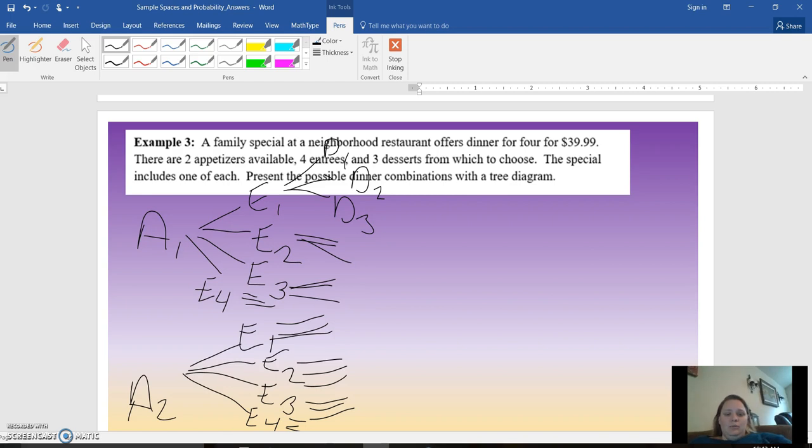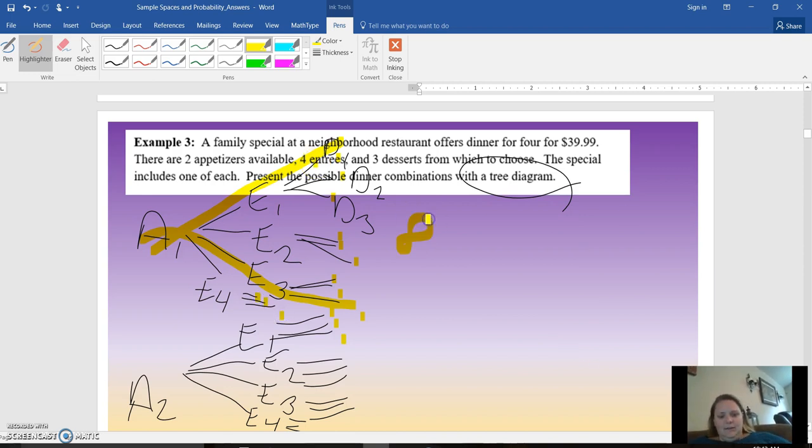All right. Do a tree diagram, which is what we have just done, to figure out how many possible dinner combinations there are. All right, well, you could do appetizer 1, entree 1, dessert 1. You could do dessert 3, entree 3, appetizer 1. So all these guys right here are different possibilities. And so there are 4.